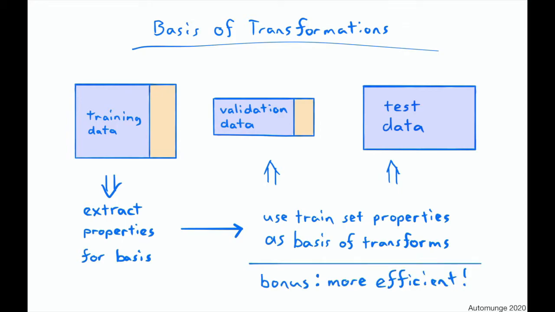Oh, and as an added bonus of this method, by removing the need to assess properties of data prior to transformations for the test data, we end up with a much more efficient means of preparing that data, which may translate to energy efficiency or even reduce carbon intensity for processing streams of data at scale.